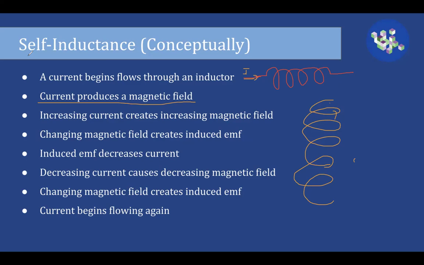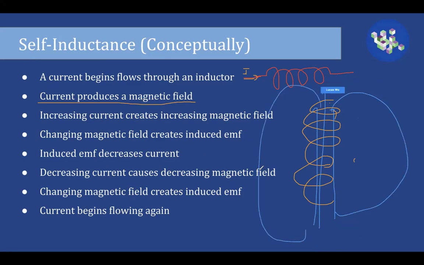Inside the solenoid, if it's infinite, it will be parallel lines going upwards, and outside the solenoid there should be no magnetic field. But if it's not an infinite solenoid, remember it looks something like this.